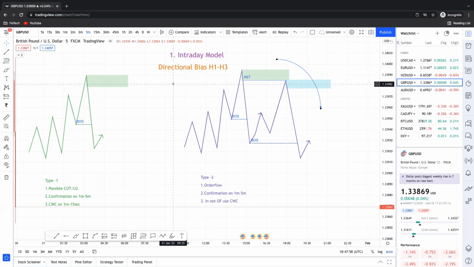And your target point should be the liquidity point, which is the new low, or the previous low, or equal lows. You know how to find the targets now, because I already explained in other videos where I explain liquidity and the targets. Liquidity is a target. Every single low and high has liquidity above and below it, so you can target that point.